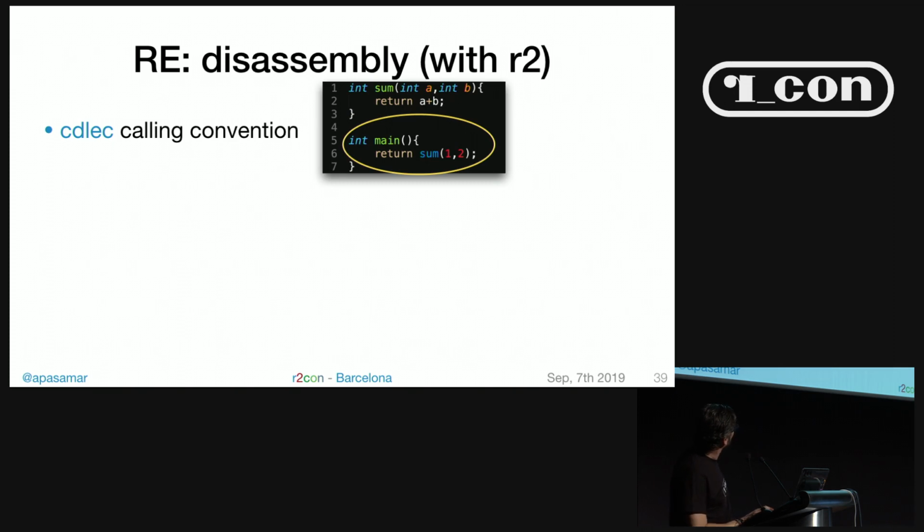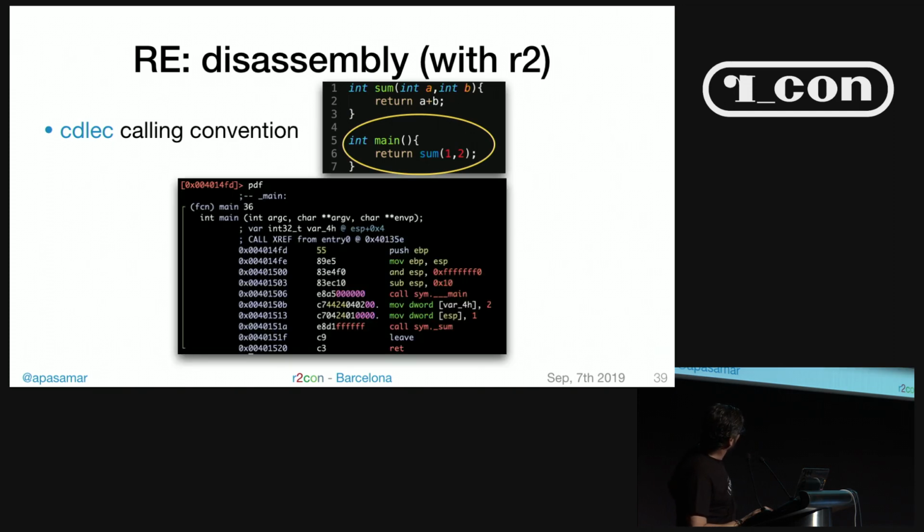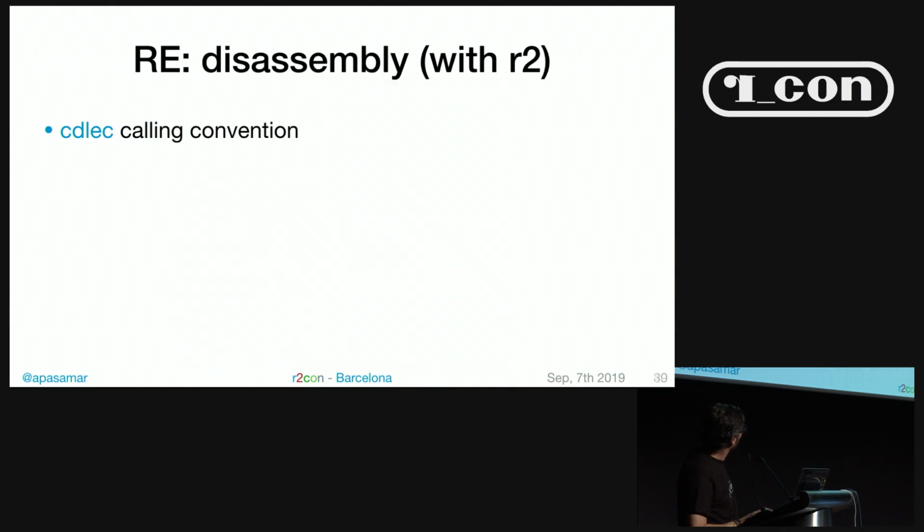Well, this is the example. It's a very simple example to understand the stack frame and the calling convention. This is the prologue of the function, the preamble, and these instructions are put there by the compiler. This is the alignment we have been talking about.